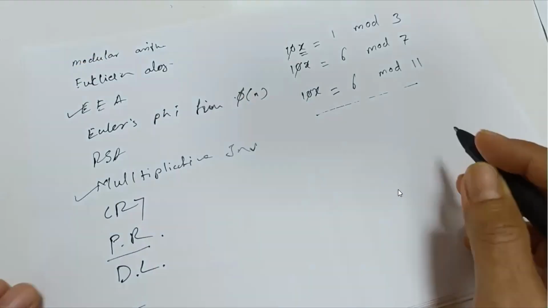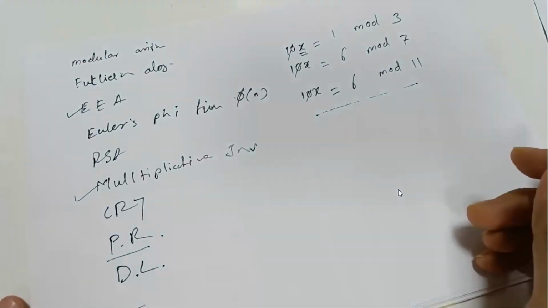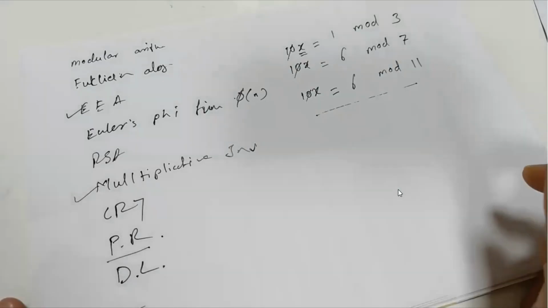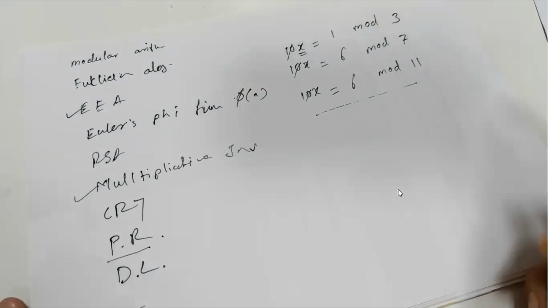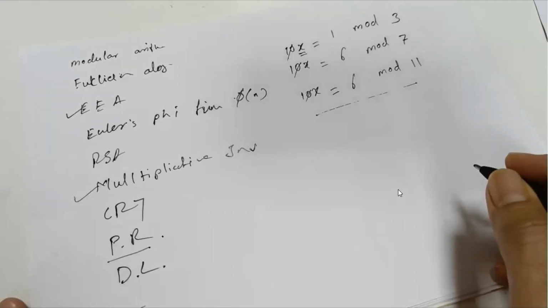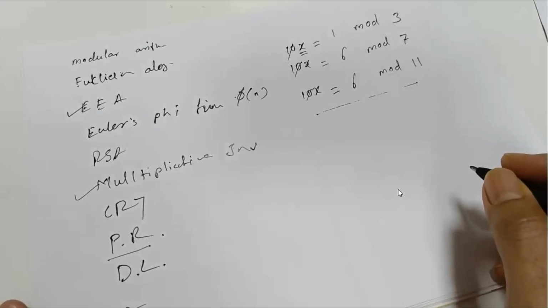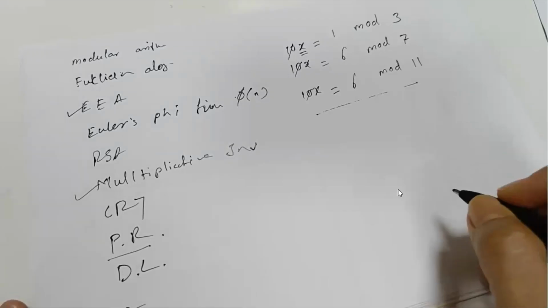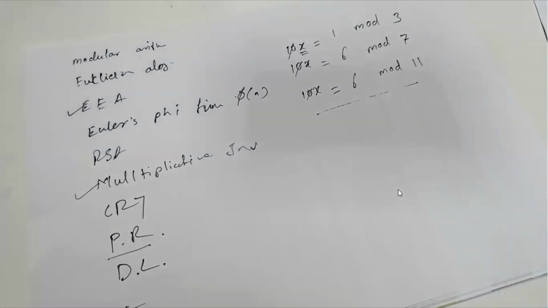Extended Euclidean algorithm. Okay, we'll take that. So can we use Chinese remainder?